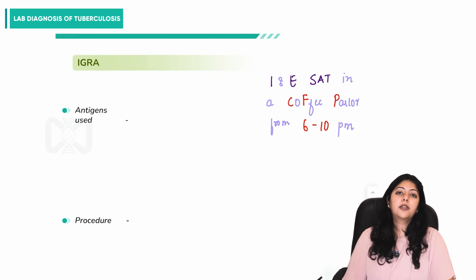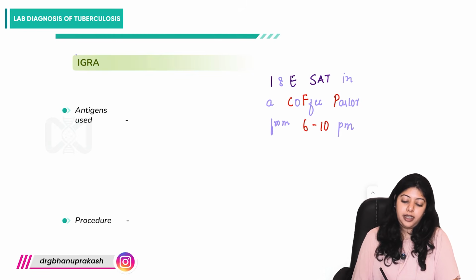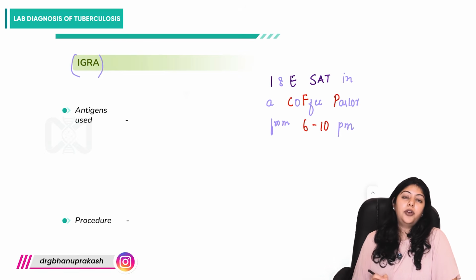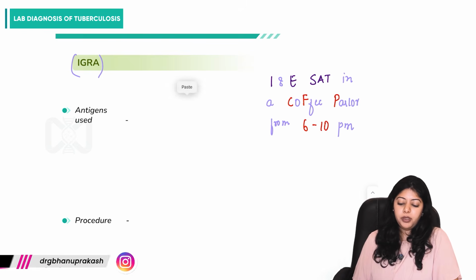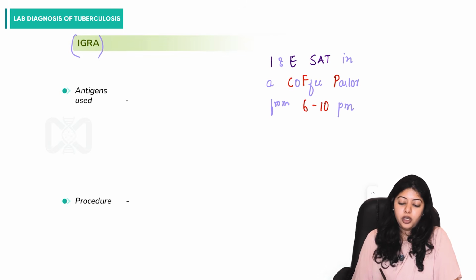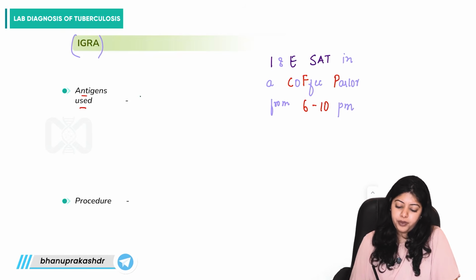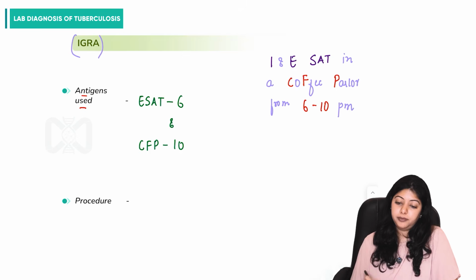So now let us discuss the next test, that is IGRA. IGRA stands for interferon gamma release assay. This particular test uses two specific antigens. What are those antigens? These are ESAT-6 and CFP10.